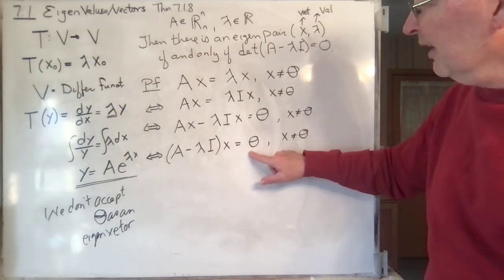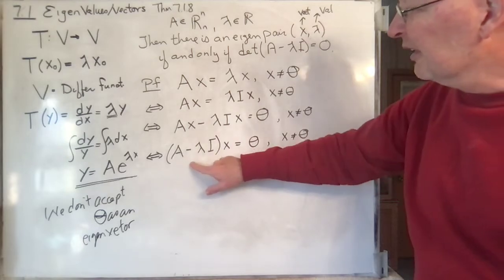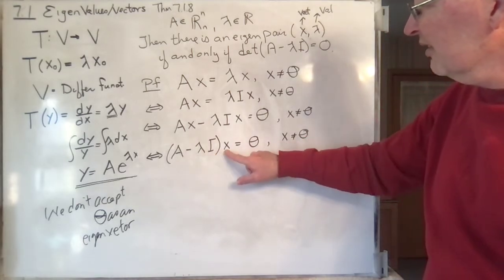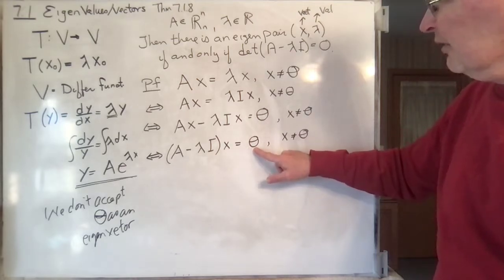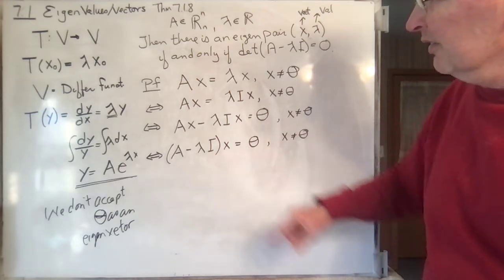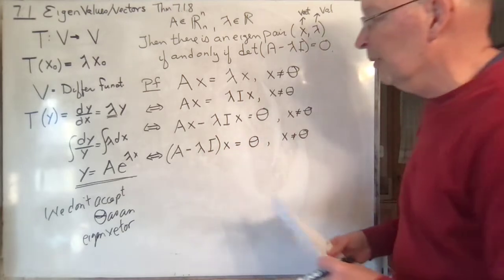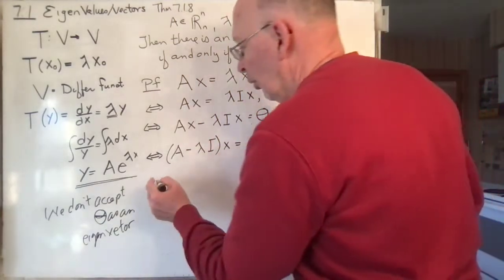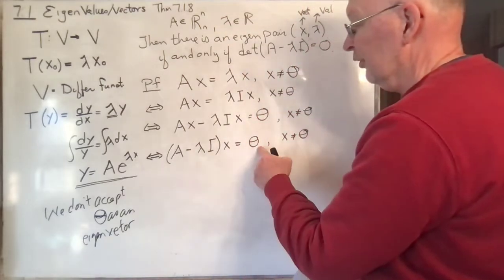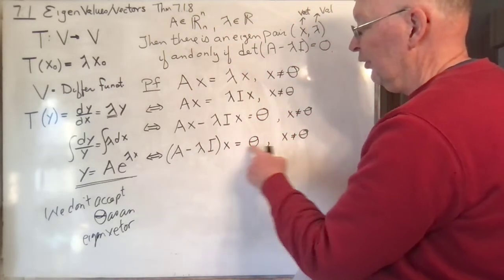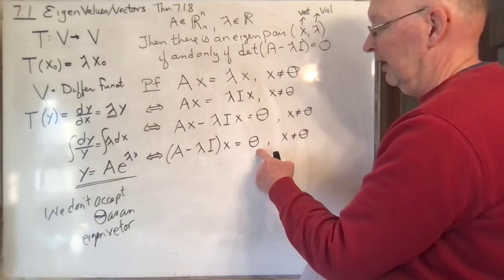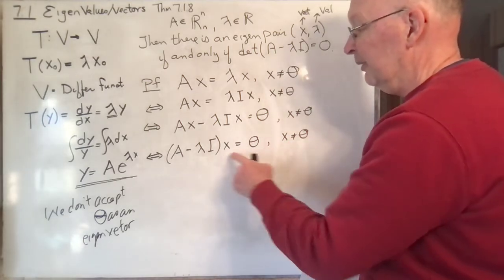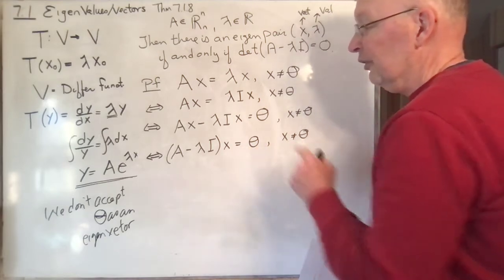If it sends something to the zero vector, then the determinant of this thing has to be 0. The only time it sends something to the zero vector, which is not the zero vector, is if the determinant is equal to 0. That means it's sending lots of stuff here, more than the zero. It sends the zero vector there at least, and the fact that it sends this thing there as well means it's sending more than one thing to the zero vector.